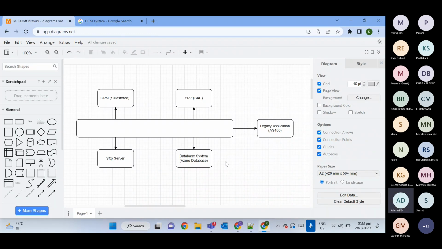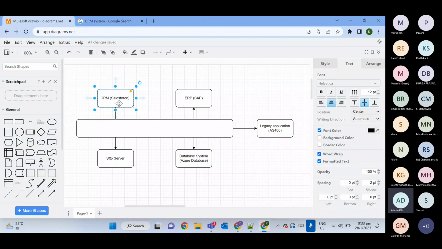So what they used to do, based on their requirement, is search for which CRM system is more suitable for them. They go there and purchase the product on a pay-on-use basis. Once they purchase all the systems, another challenge they have is that many times they need to exchange data from one place to another place.